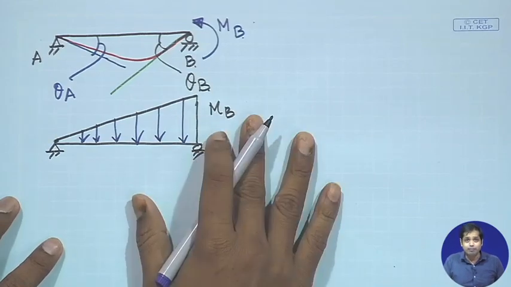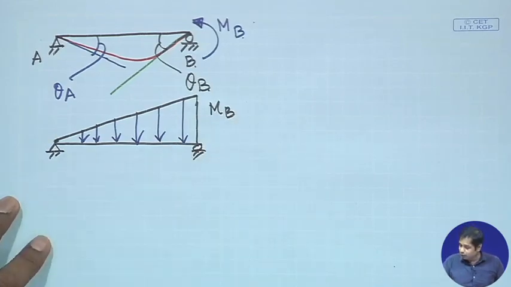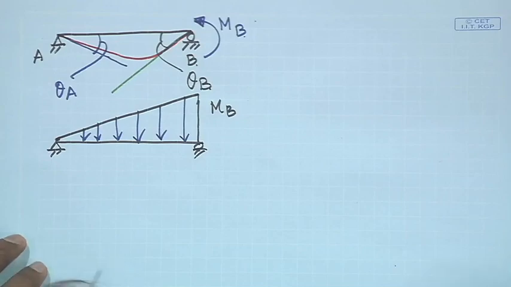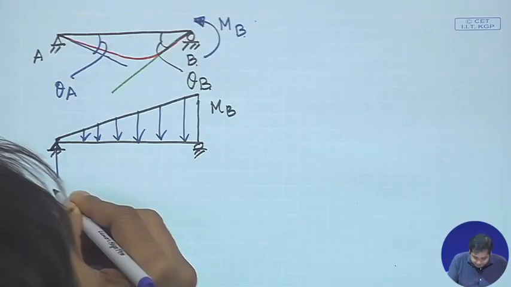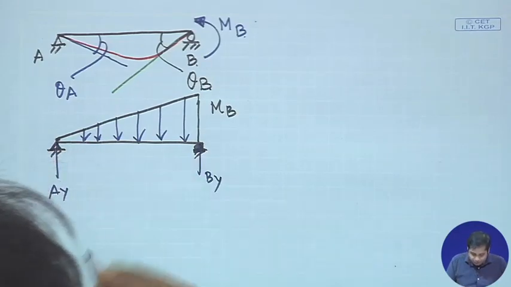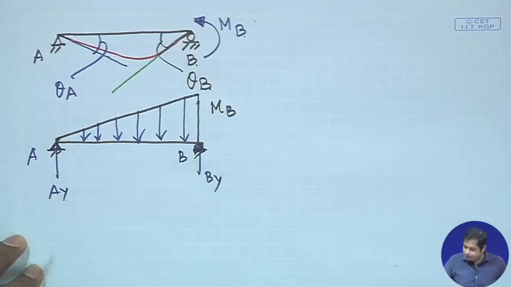And then the conjugate beam says that if you get the reaction at any point, that reaction will give you the corresponding rotation. Okay. So, let us find out what the reaction is. At this point your reaction is AY, and at this point your reaction is BY. This is A, this is B, and what is BY?